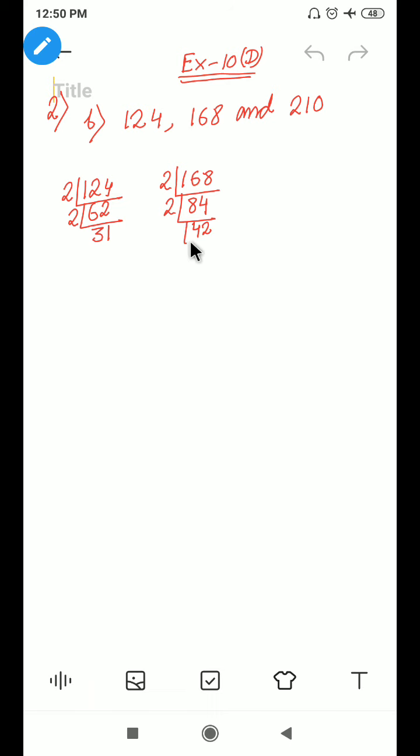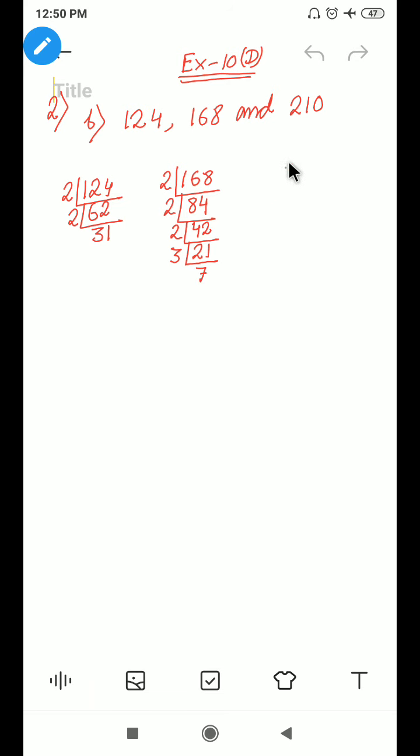Then again dividing by 2, you will get 21. Now after 2, 3 is the next prime number. So 3 can divide 21, and 3 times 7 is 21.